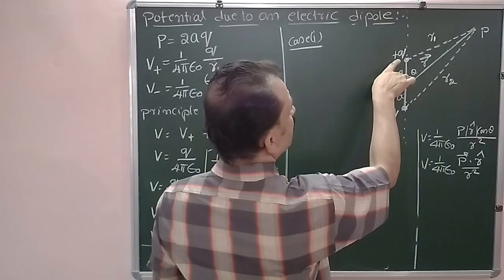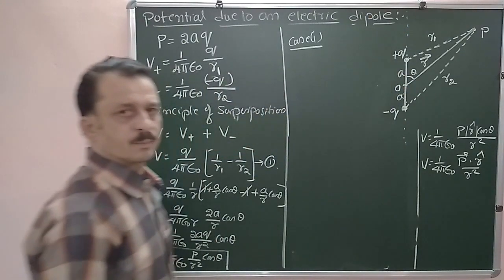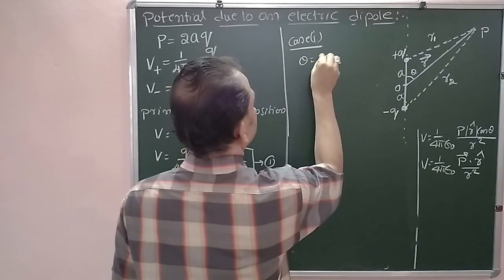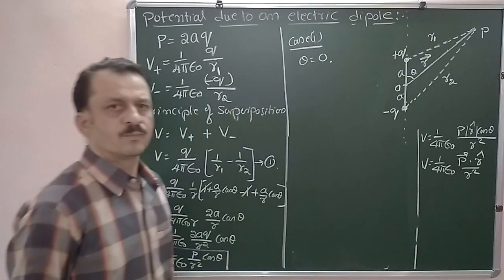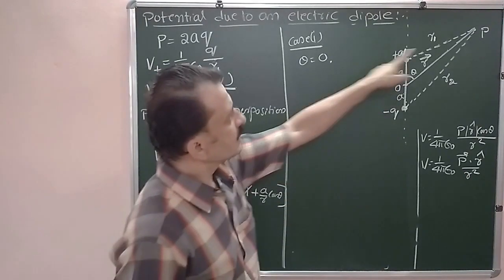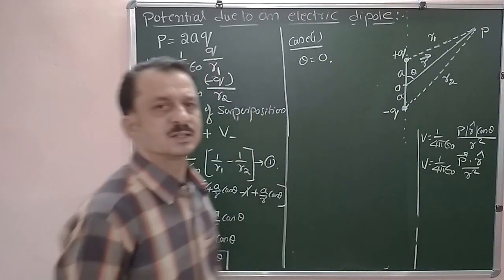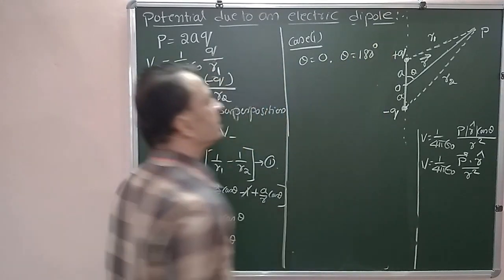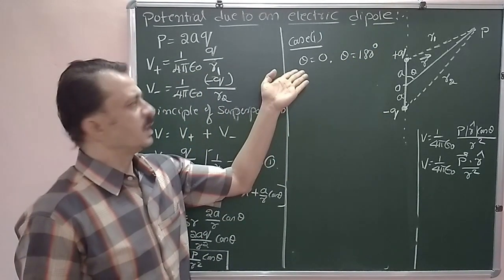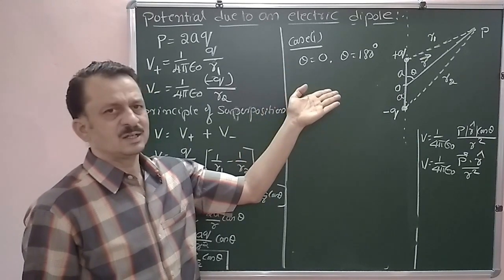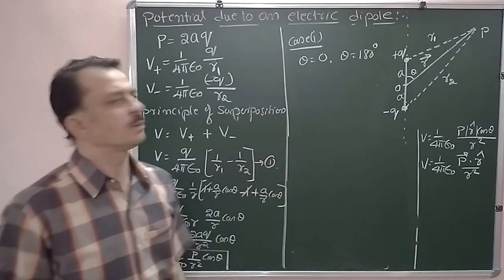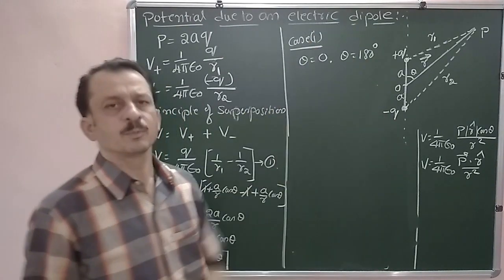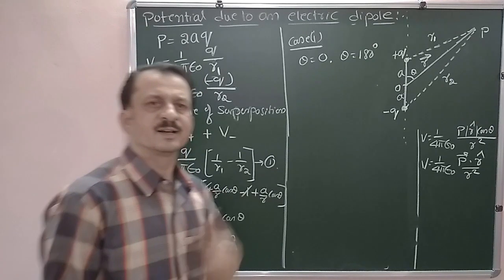If I take the point towards the positive charge, then theta becomes 0. If I take that point towards the negative charge, theta becomes 180 degrees. If the position vector is parallel to the dipole moment, theta is 0. If the position vector is anti-parallel to the dipole moment, then theta is equal to 180 degrees.